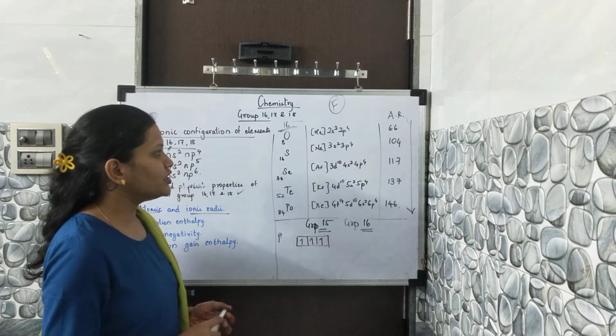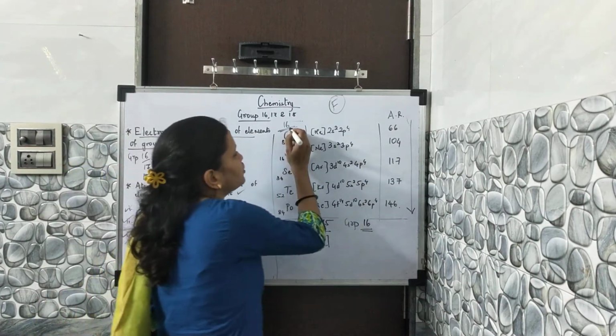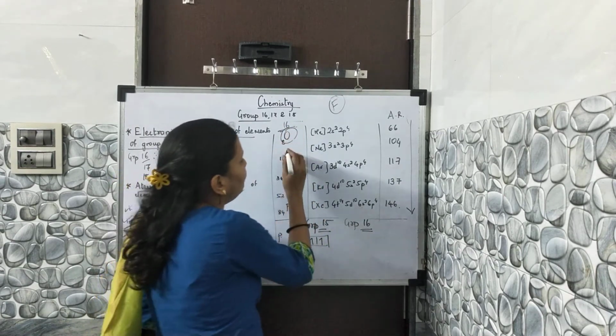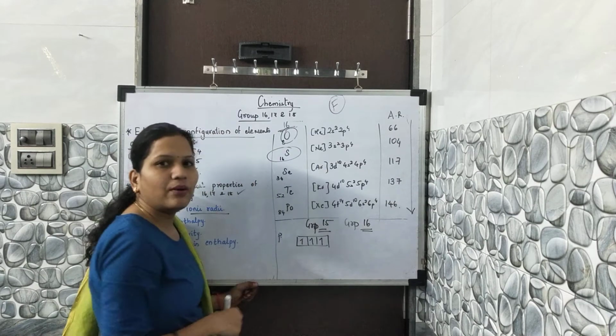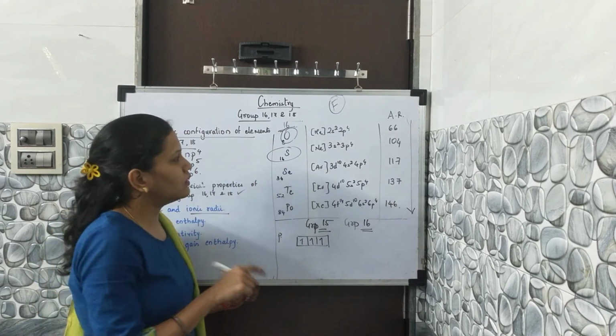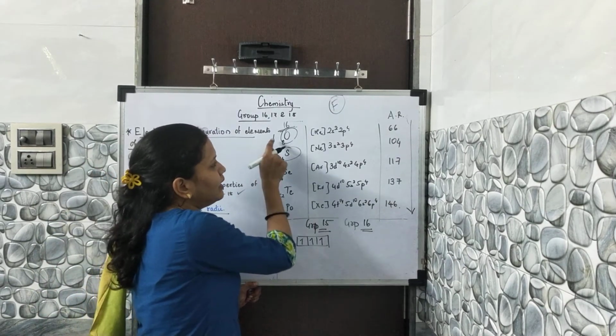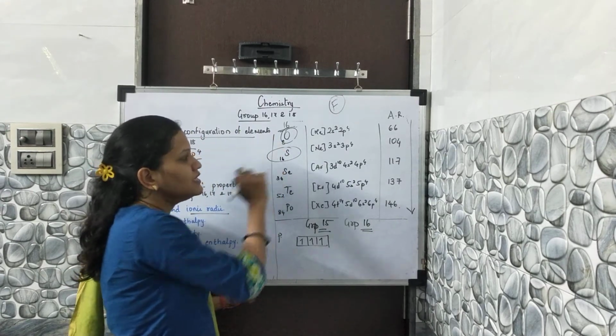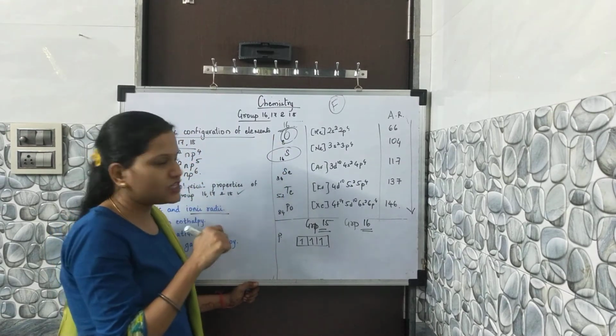The point number 2 is what? That the electron gain enthalpy value for oxygen is going to be low compared to sulfur. The reason behind this is what?